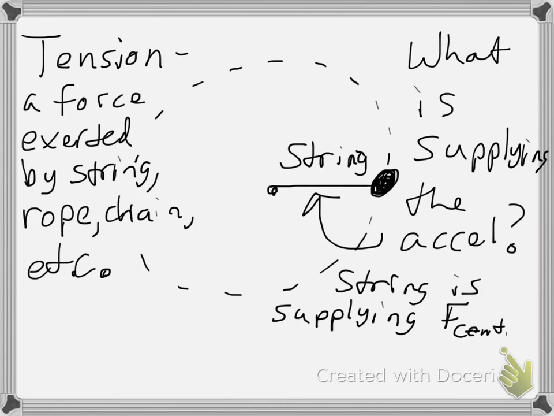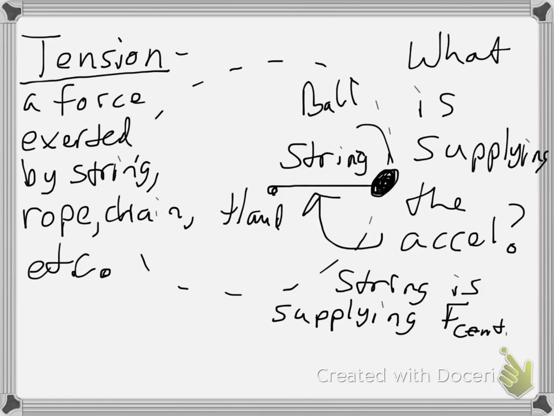So when we have something connecting two objects, in this case your hand and the ball, via a string or a rope or a rubber band or something like that, the generic term that we use for that force is called tension. So in fact, in this case, it's the tension in the string that is supplying the centripetal force, and hence the centripetal acceleration. So it's the tension in the string.